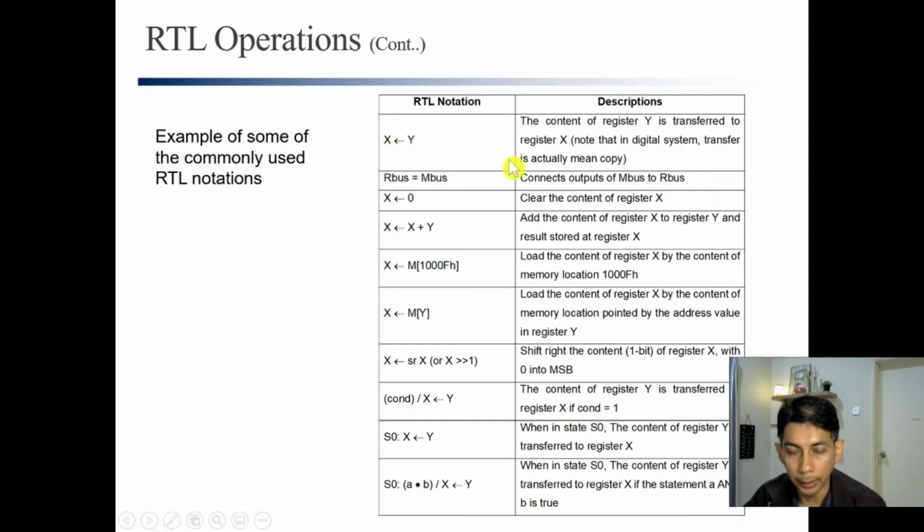This is a notation, just like pseudocode, in planning the operation of our circuit. Just like we plan our program in C programming.